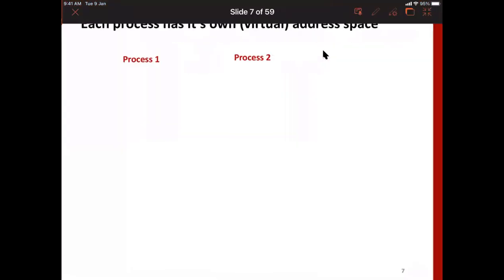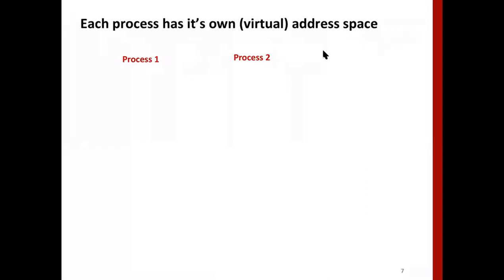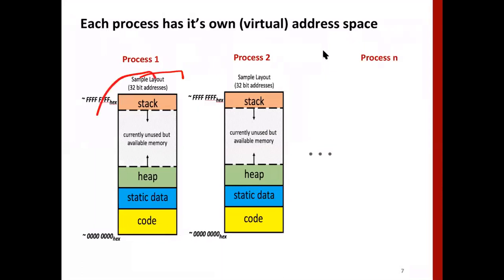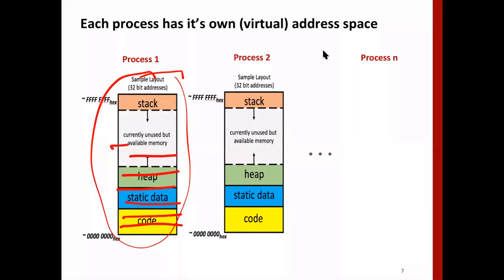My pen is gone again. Okay. So this structure is there in swap space. This is actually cut into pages, and whatever is needed is brought from secondary memory to main memory.